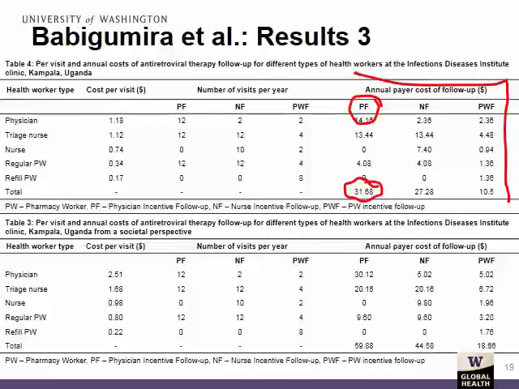For nurses it would be $27, and for pharmacy workers it would be $10. And if you used the societal perspective, it would go up to about $60 for physicians and $45 for nurses and under $20 for pharmacy workers.